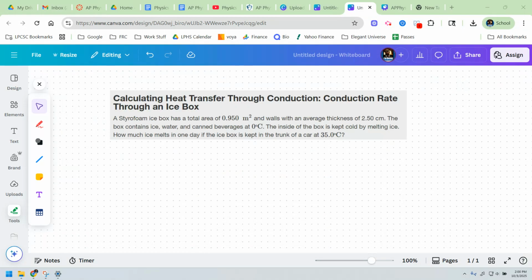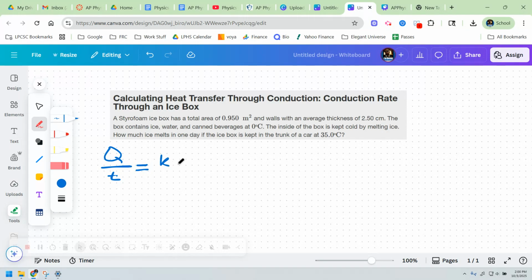So the way that we approach this problem is we're definitely going to use that formula we just wrote down. We're going to say that Q over t is equal to the thermal conductivity times the area times the difference in temperatures. You have temp 1 and temp 2.